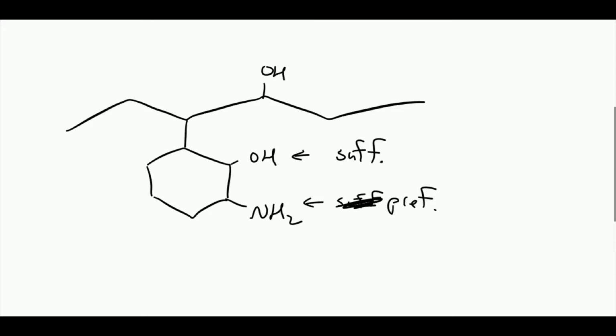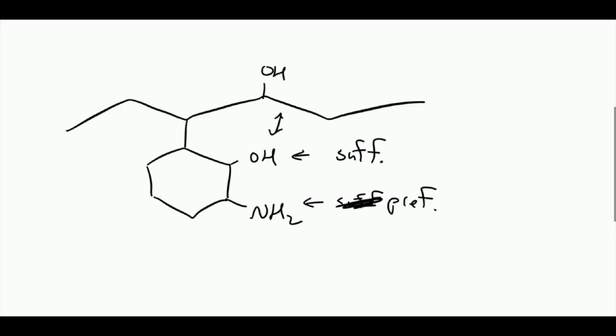Now, we have another choice to make because we have an alcohol on the ring and another one on the chain. So, which are we going to give priority to, the ring or the chain? Well, all else being equal, you give priority to the ring. And when you have suffix groups involved, it's a matter of go with the suffix group.